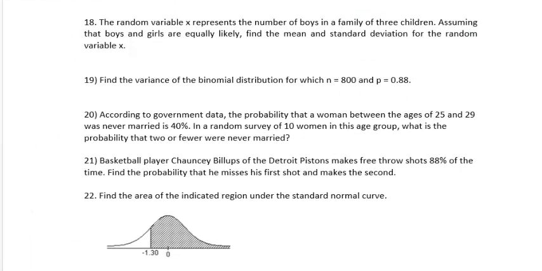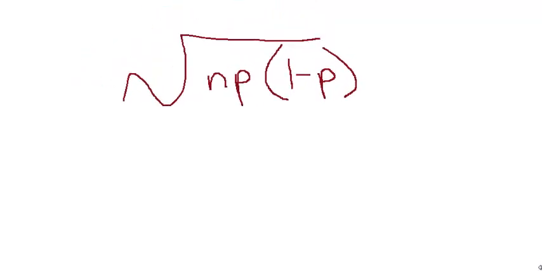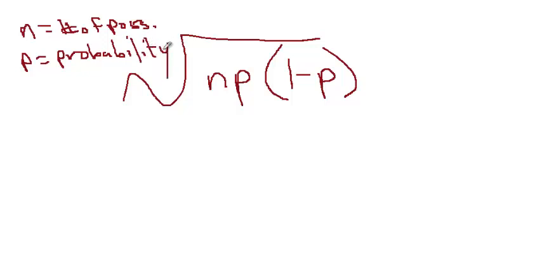For binomial distributions, the formula for determining the standard deviation is simply to take the square root of n, which is the number of events, times p, the probability of each one, times 1 minus p, the probability of the other outcome.